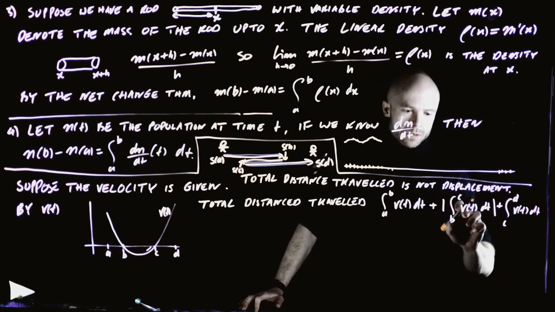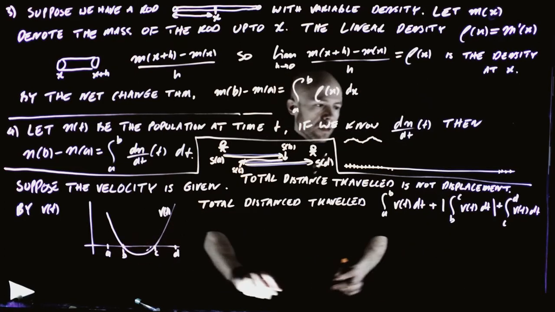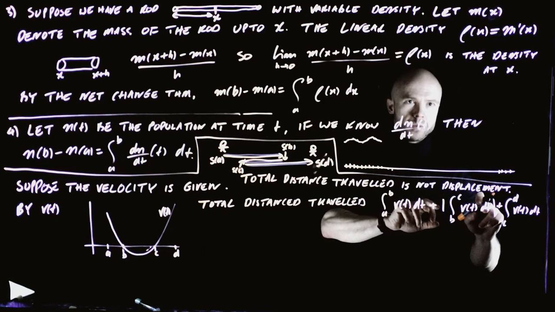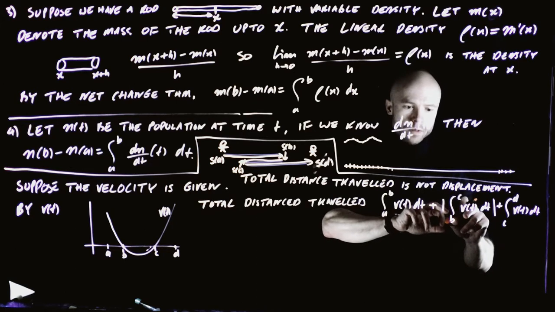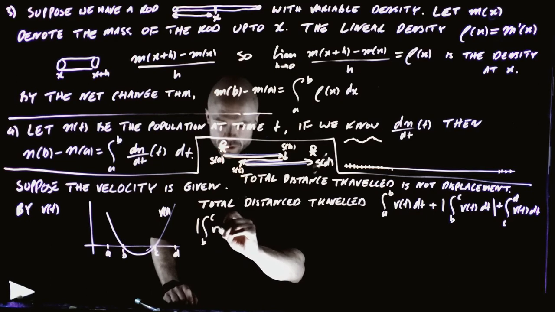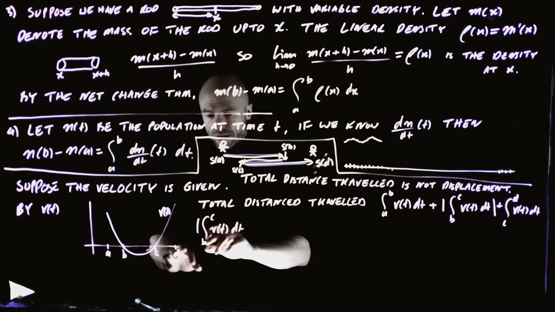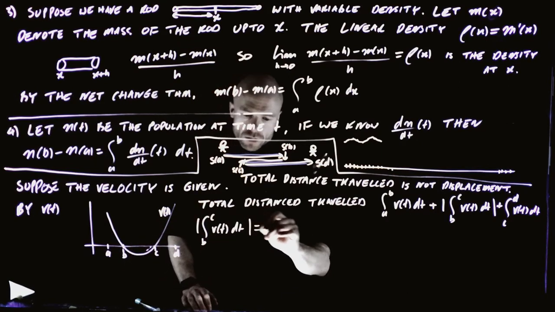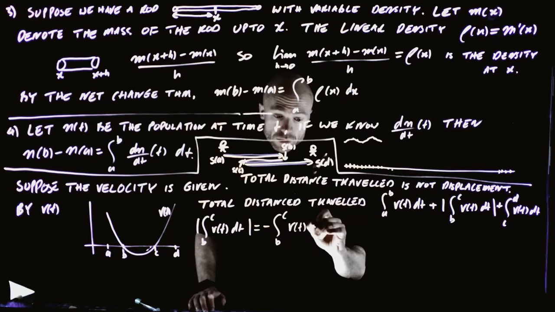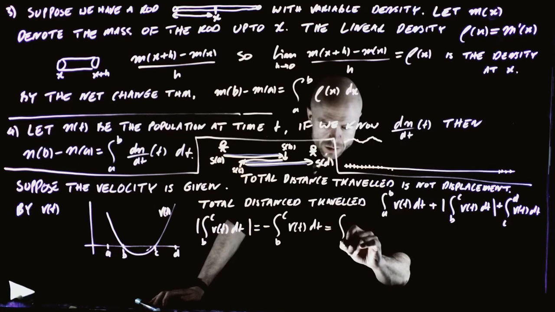Now, since our velocity is negative from B to C, taking the absolute value of this is the same as multiplying by minus one, which you can take inside the integral. So the absolute value of the integral from B to C of v of t dt, since the velocity is negative throughout, is just minus the integral from B to C of v of t, minus how far back we go.